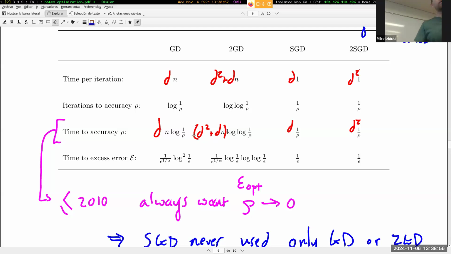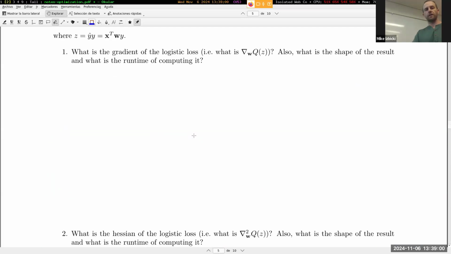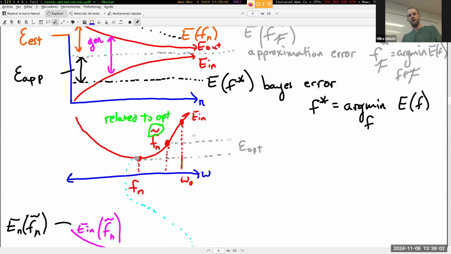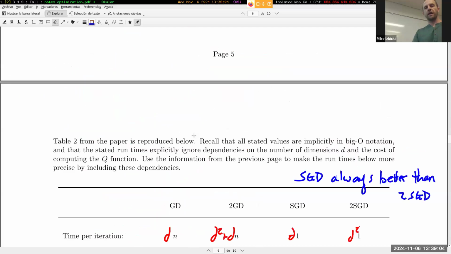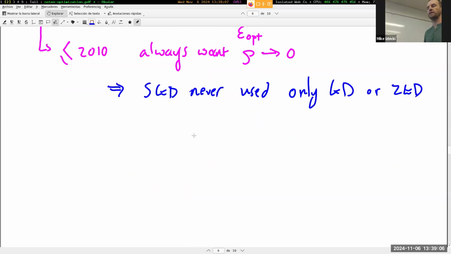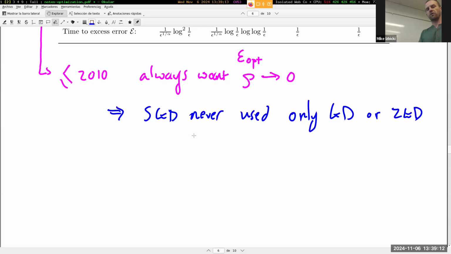Okay, the key observation of this paper and the reason why we talked about all of these fancy graphs up here is that at some point, increasing your optimization accuracy, which is equivalent to having rho get smaller, having E-opt get smaller, at some point, making that smaller does not provide you any benefits.